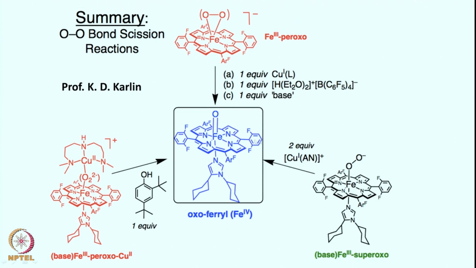Right. One can also independently start from these iron 3 peroxide species, where oxygen is reduced twice, one electron from iron, another from outside as an electron source to give the iron 3 peroxide species. These iron 3 peroxide species then can react with an equivalent of copper 1 as well as proton and base.